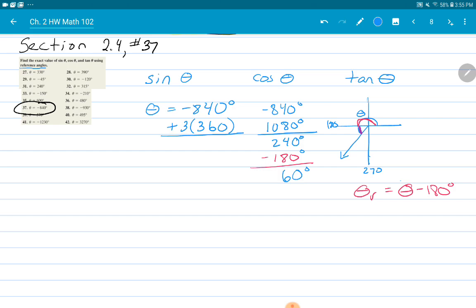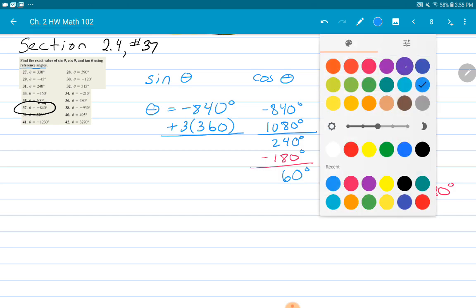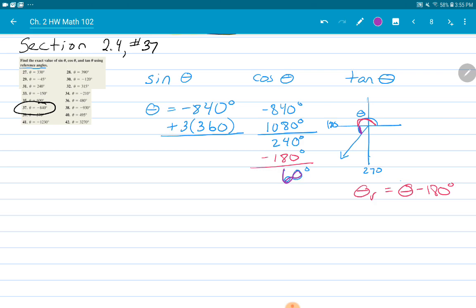Okay, so this little distance to the x-axis is 60 degrees. So that is the reference angle, which is 60 degrees.